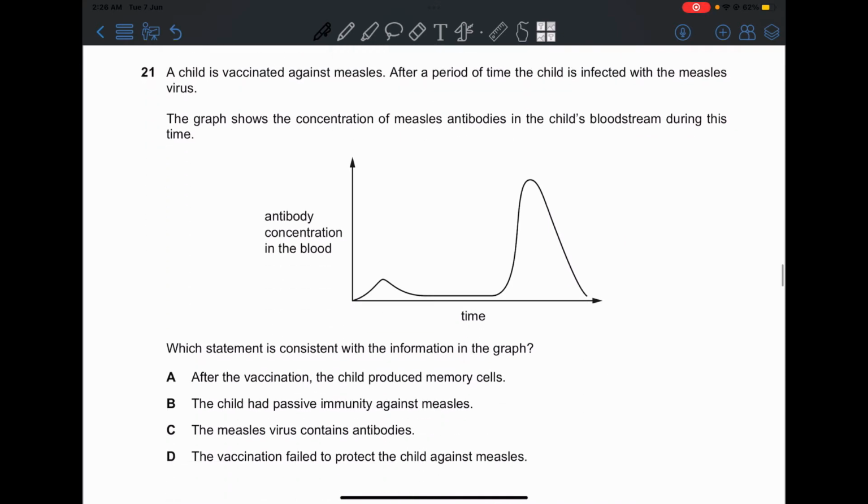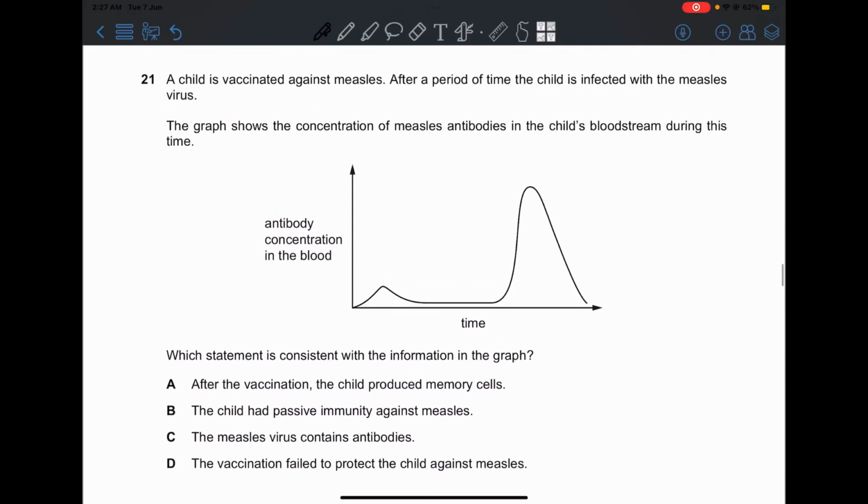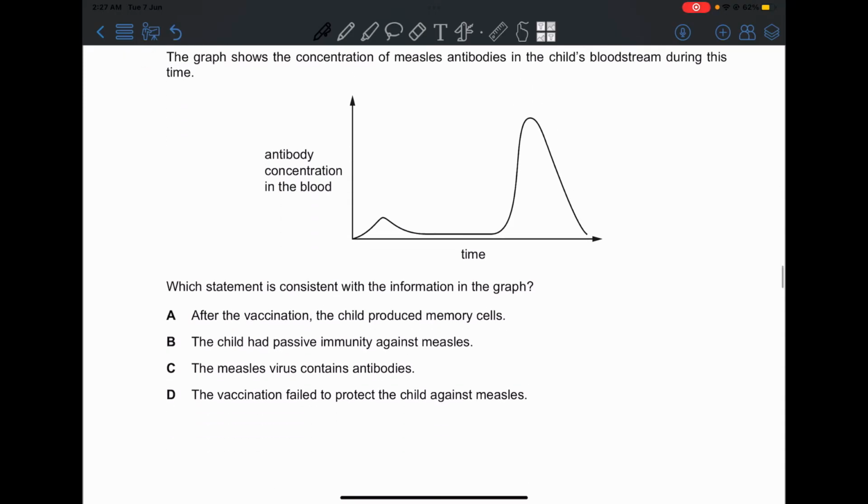Now 21, a child is vaccinated against measles. After a period of time, the child is infected with the measles virus. The graph shows the concentration of measles antibodies in the child's bloodstream during this time. Which statement is consistent with the information in the graph? Now over here we can see that as the time increased, the antibody concentration in the blood increased.